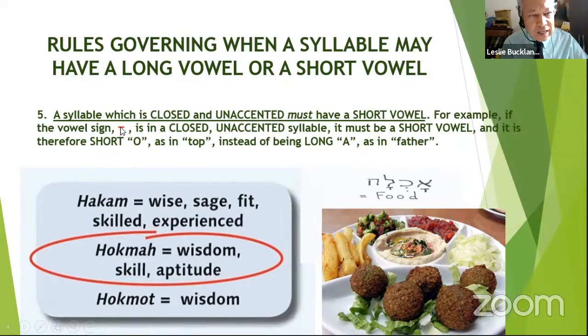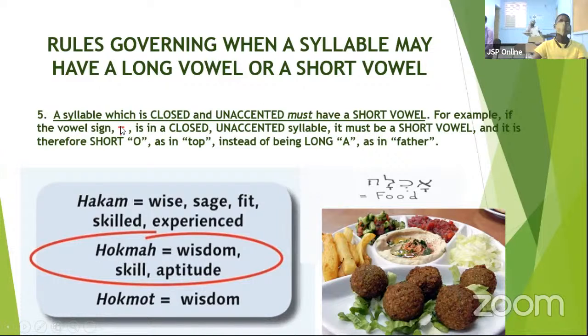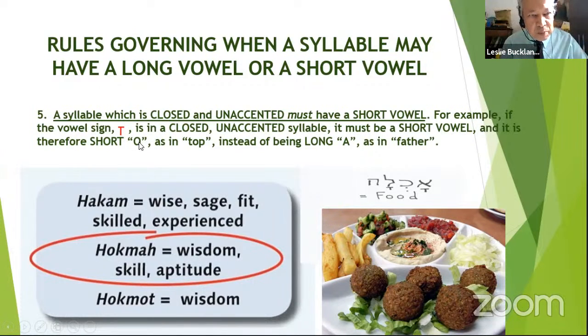So how do we know when it is A and when it is O? Well, if we see that the syllable that this symbol is in is closed and it has no accent, then it could not be the long A. It must be the short O as in top. So if this vowel sign that looks like a capital T is in a closed, unaccented syllable, it must be a short vowel, and it is therefore short O as in top, instead of being long A as in father.